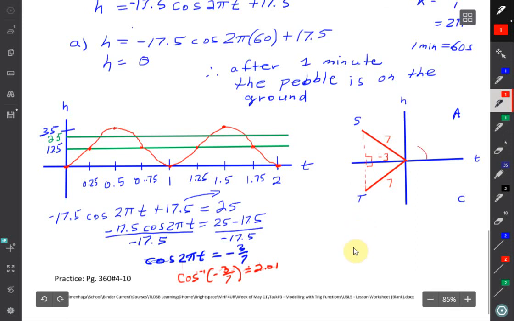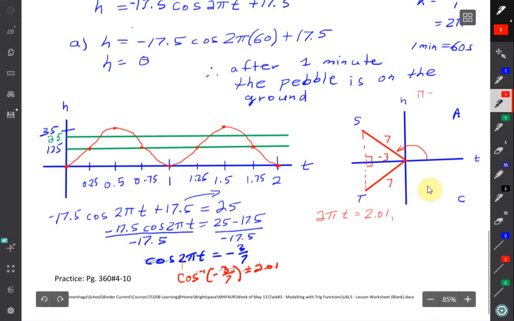So we're looking for these two angles here, and then we have to do 2 rotations. So what we have so far is that 2 pi t is equal to 2.01. Now what we need is this related acute angle here. So that's pi minus 2.01. I'm going to work that out.